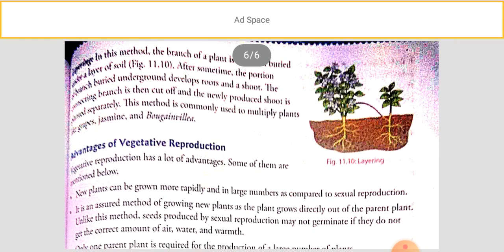The last method is layering. In this method, the branch of a plant is buried under the soil. After some time, the buried portion of the branch grows up into a new plant and develops root and shoot.